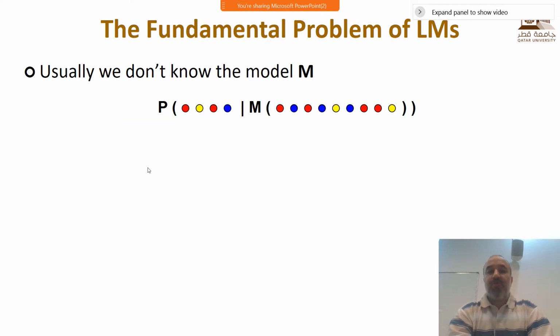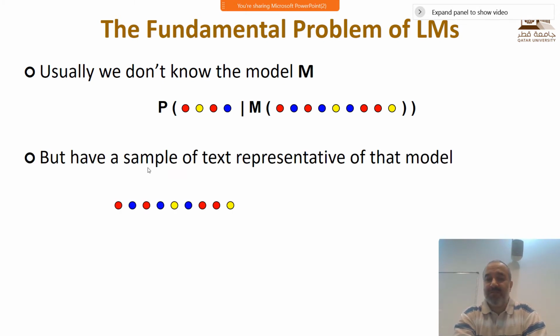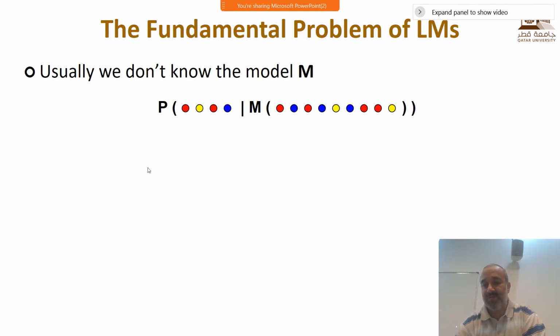Now, usually we don't know the model, but we can estimate these probabilities based on a sample of the text of that document. Let me explain this. Each document is written by an author, right? There's someone who wrote this document. That person, before writing the document, has a topic in mind, right?